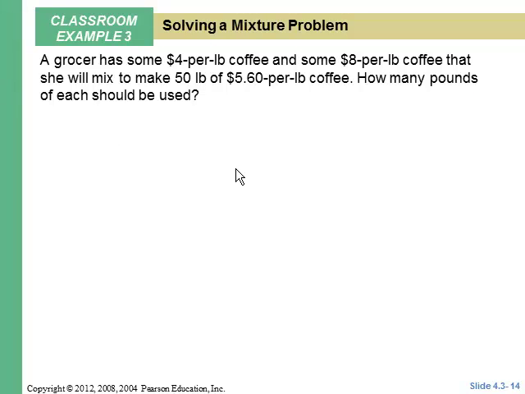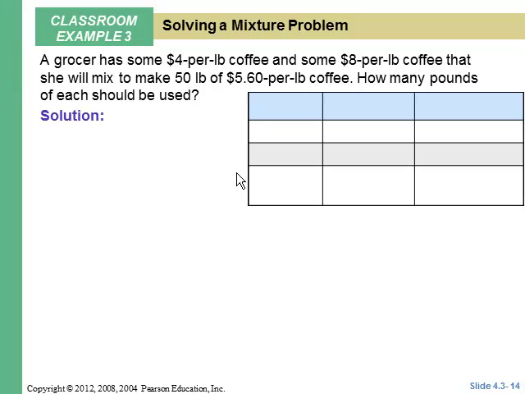Mixture problems. When you do mixture problems, you fill out a chart like this. We have the weight, we have the price, and we have the total or the amount of dollars. Well, this is $4 a pound. This is $8 a pound, and we want to end up with $5.60 total.